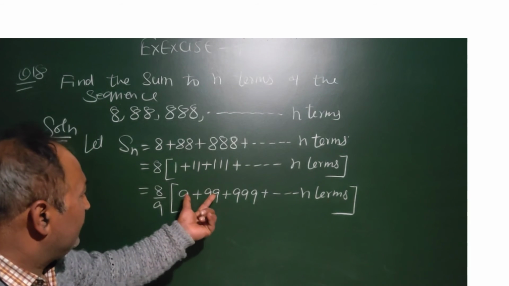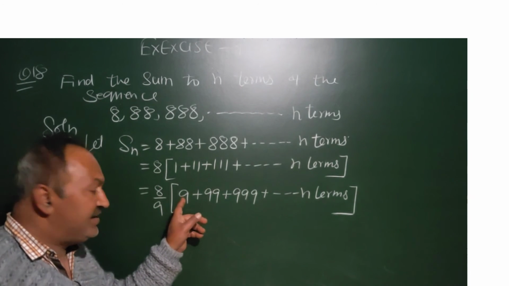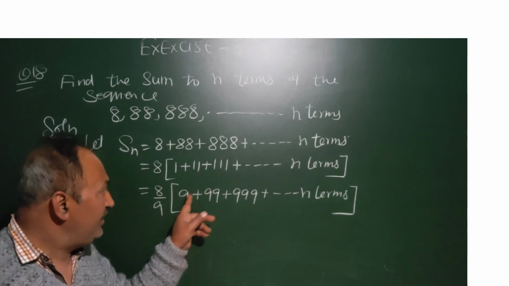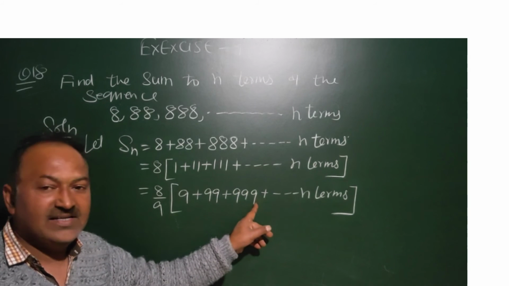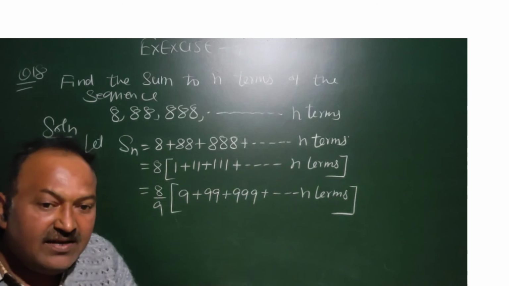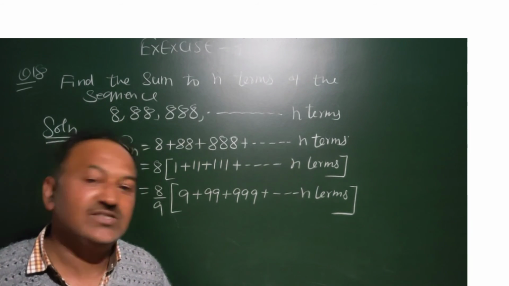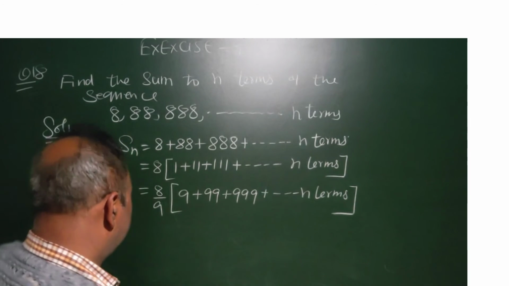Now, writing 9 as 10 minus 1, 99 as 100 minus 1, 999 as 1000 minus 1, we will convert this type of questions into a geometrical progression.